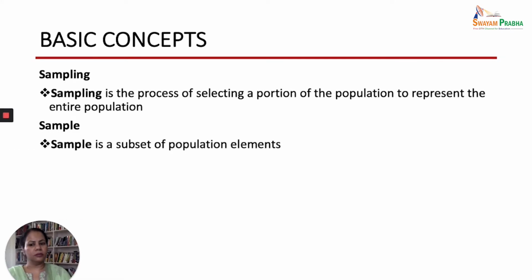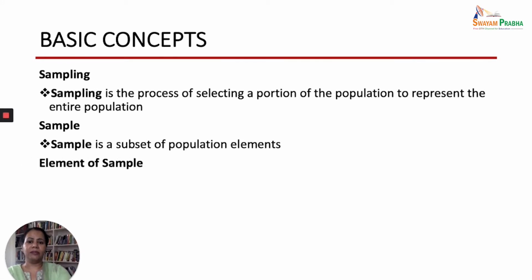So a sample can be defined as a subset of the population elements. So in the population, if you see that these are the subjects which are conforming to your designated criteria, and out of those cases in the population, you will be selecting a portion that will be known as a sample. So that is why it is known as a subset of the population elements.